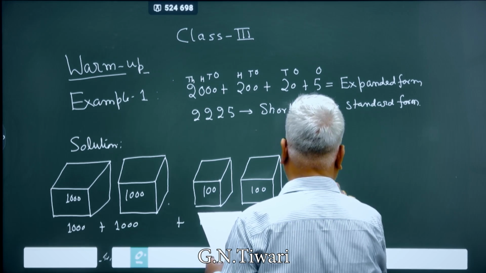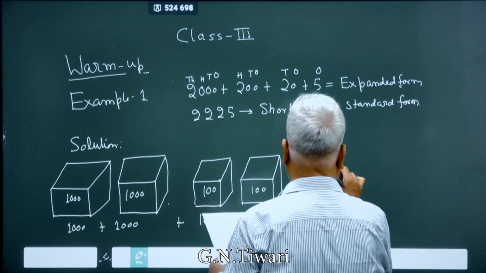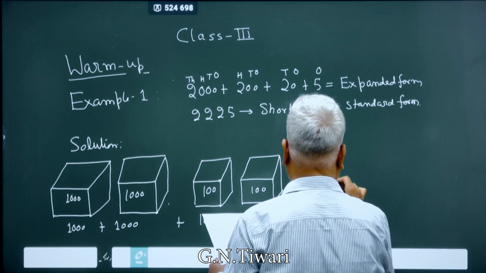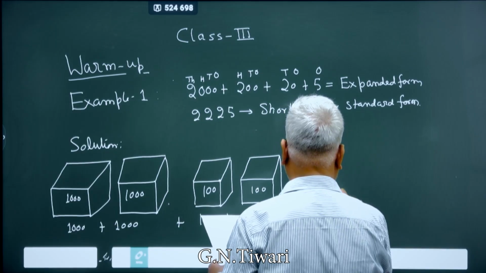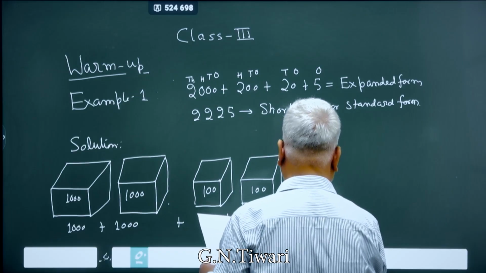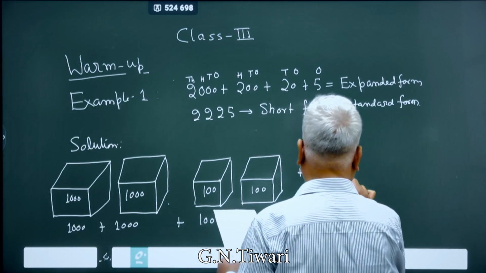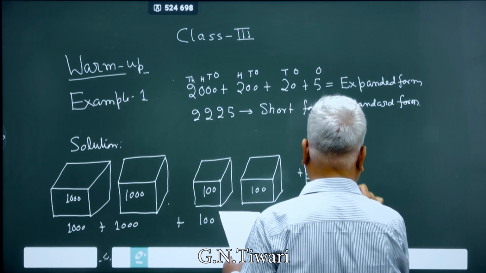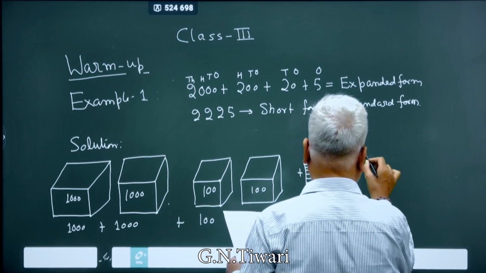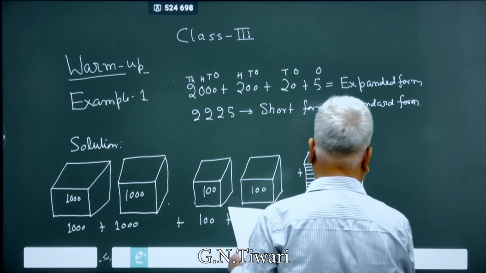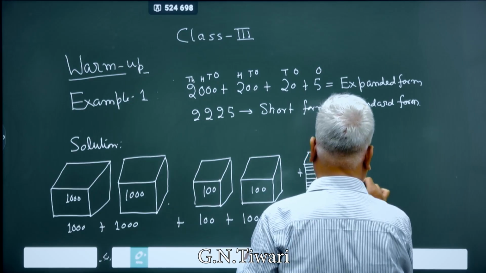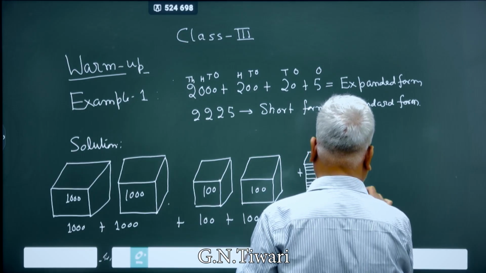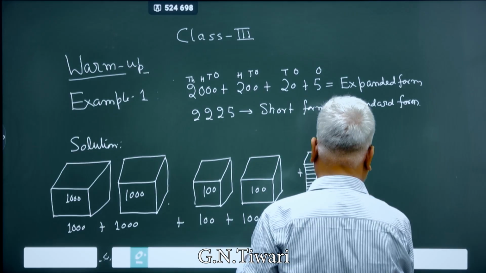1, 2, 3, 4, 5, 6, 7, 8, 9. 1, 2, 3, 4, 5, 6, 7, 8, 9. It is 10. Again make another smaller one. 1, 2, 3, 4, 5, 6, 7, 8, 9.